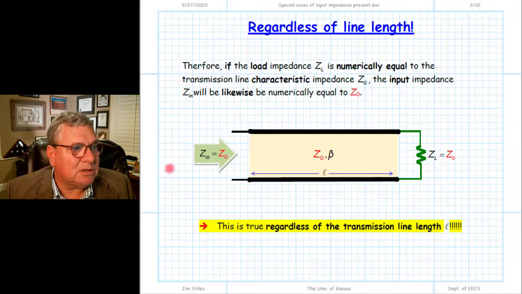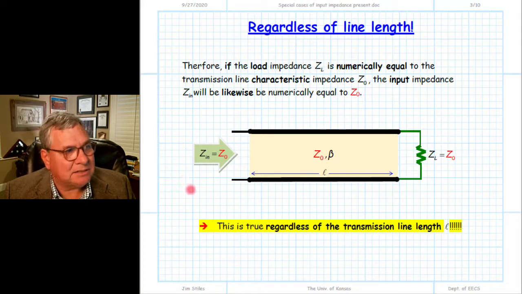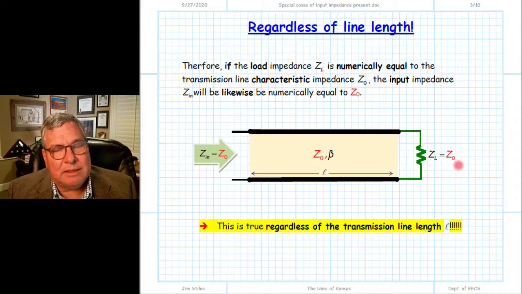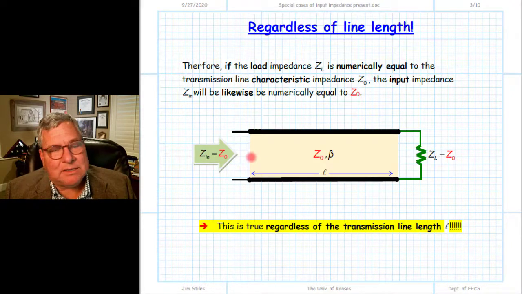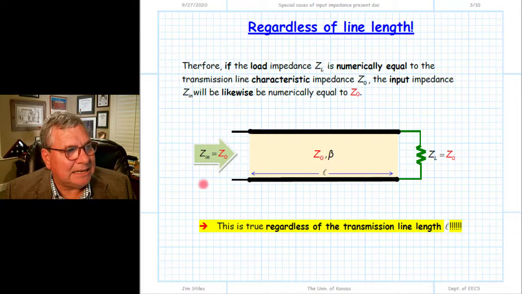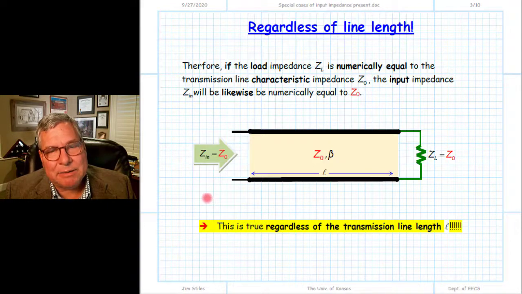Now, this result is, again, a special case. Zin is equal to Z0 only when ZL is equal to Z0, when we have, quote-unquote, the matched load. I think this is one of the reasons that students often tell me that Zin is equal to the characteristic impedance, that the input impedance is the characteristic impedance.